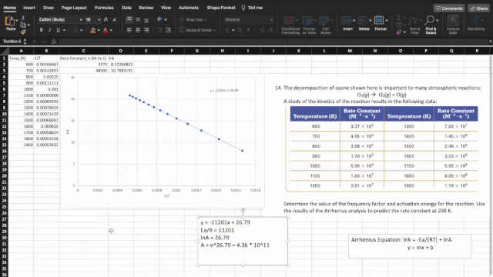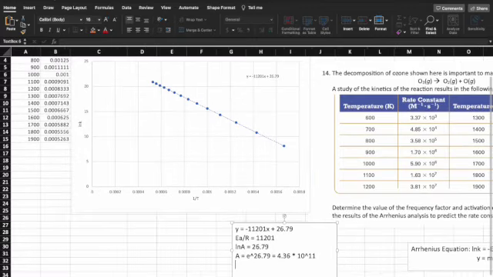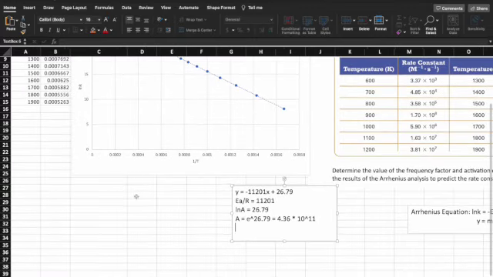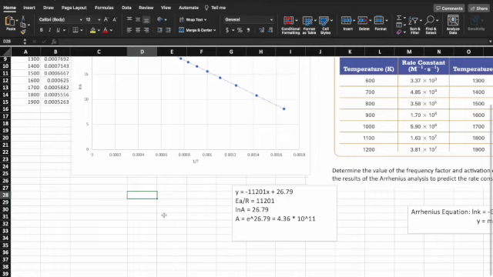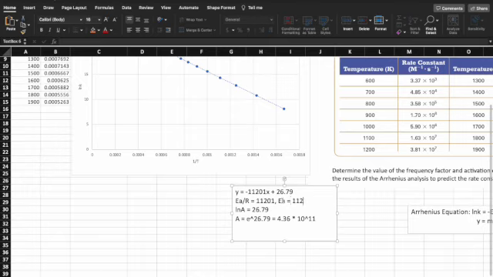I'm going to put that into a formula in Excel itself, so we can let Excel do the calculation for us. Let me just rearrange this first. So EA is equal to 11201 times R.